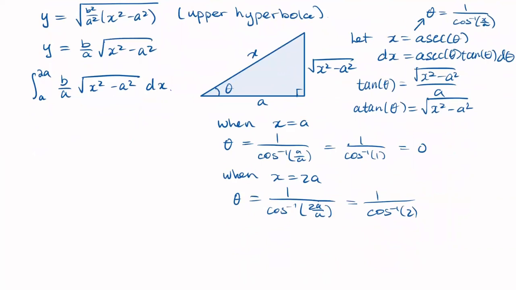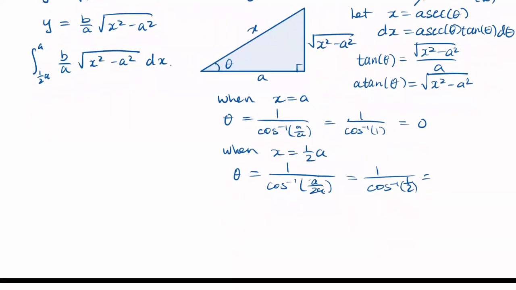Instead of from a to 2a, I'm going to make this from half of a to a. Because if I do half of a, then I could also say that this is just going to be a divided by 2a, cos inverse of 1/2, which is just going to be pi over 3. So that means it's going to be 3 divided by pi. So that should be a bit easier to work with now.